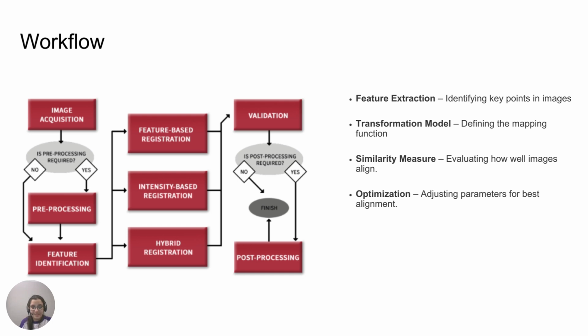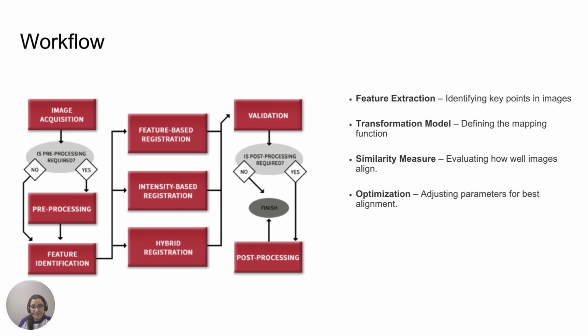The second is intensity based registration. This compares the intensity values of the two datasets and finds a rotation that minimizes the difference between the two. Hybrid registration basically combines both the feature and intensity based registration to improve accuracy.